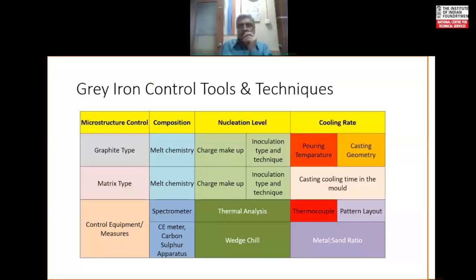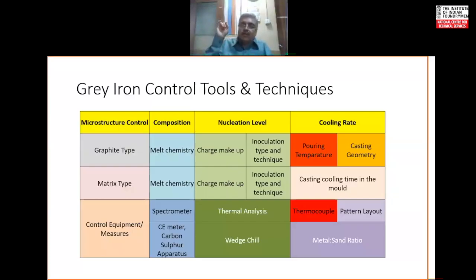These are the kind of things that one needs to do. See, overheating also has a very direct impact on the nucleation levels, because the higher the superheat and the longer the holding times, the lower the nucleation levels will become. Also, some of the elements may be lost if the holding time is too large.